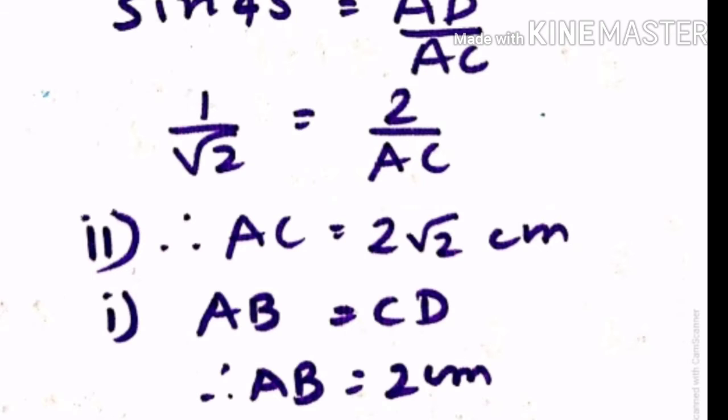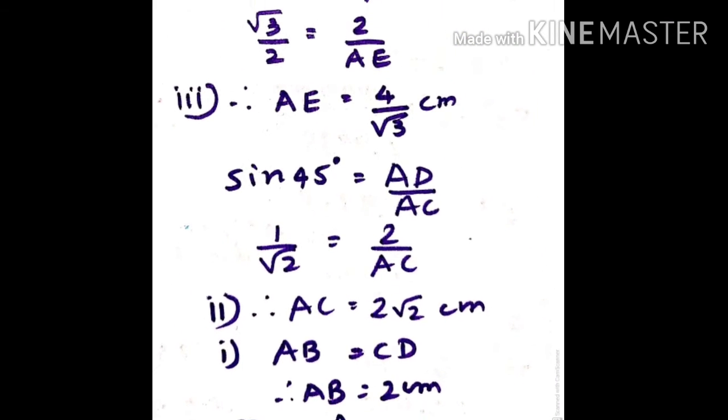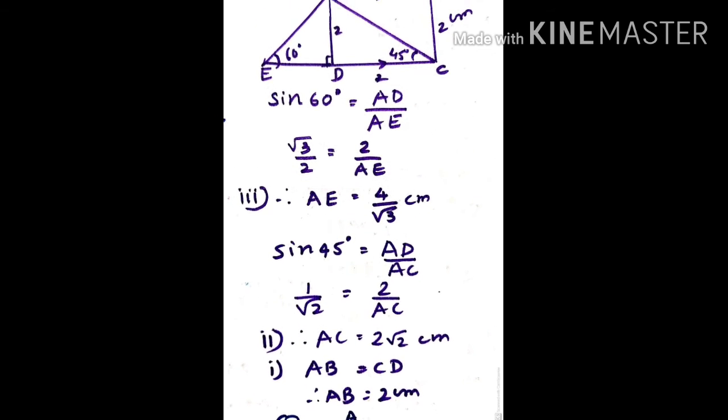That way I have written AB is equal to CD, and CD is 2 centimeters, so AB is also 2 centimeters. This way we got all the three values AB, AC and AE using different ratios. It is not compulsory to use the same ratio. You can use different ones, like the cosine ratio, and get the same answer, that is a perfectly correct way.